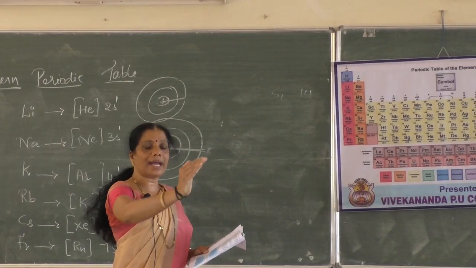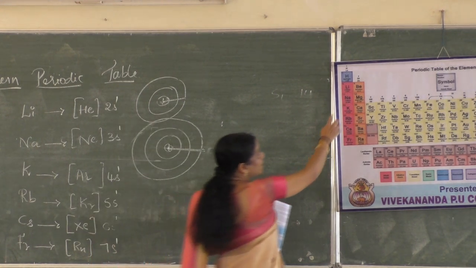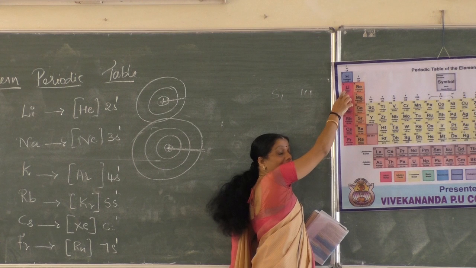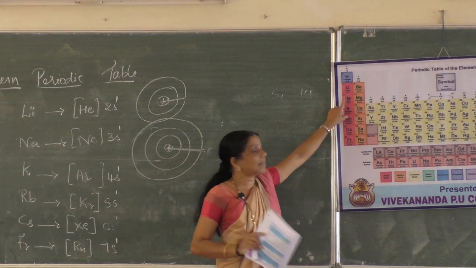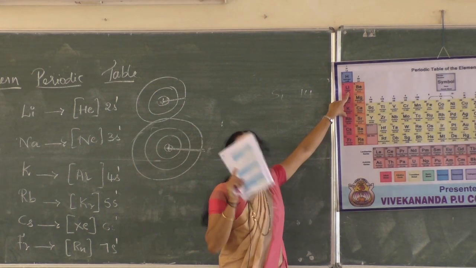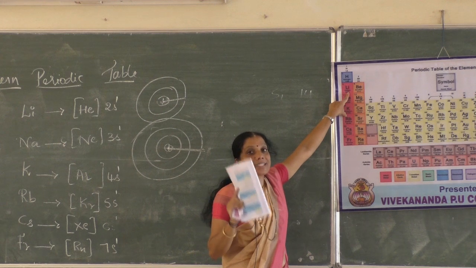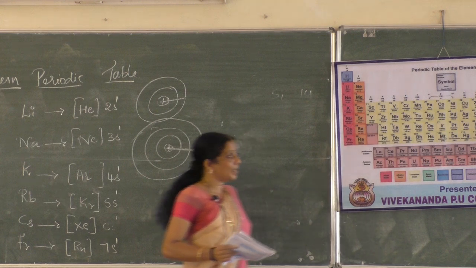Left to right, atomic radius decreases. That means left to right, the first element we always get is an element belonging to the first group. Always the element belonging to the first group in a periodic table has what? The largest size. Then size goes on, what happens? Decreases. Is it clear for you?